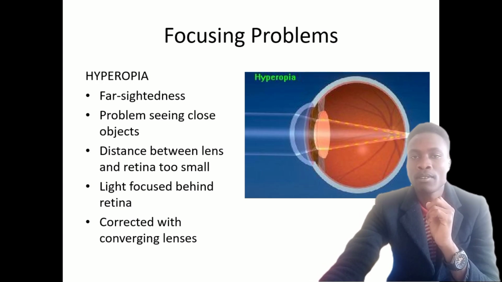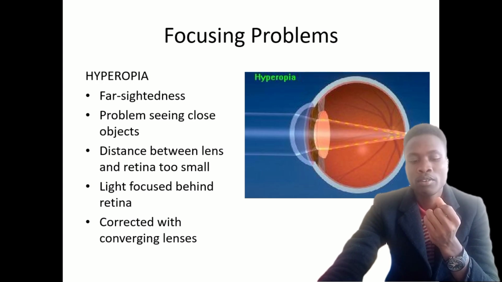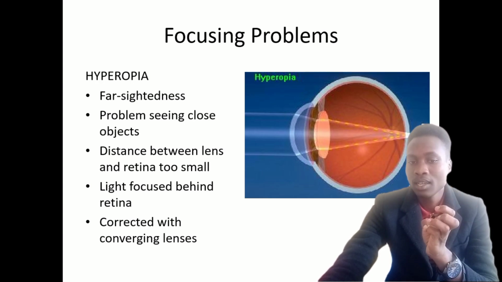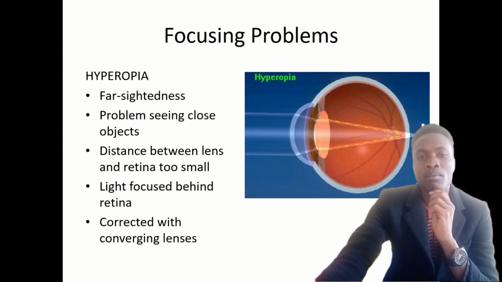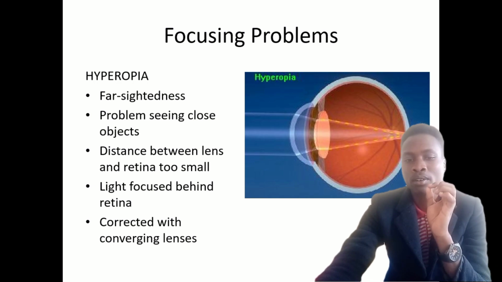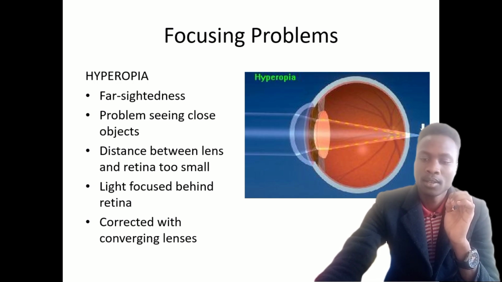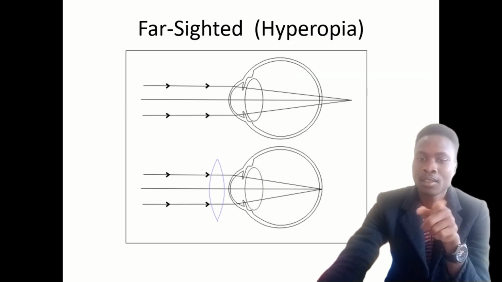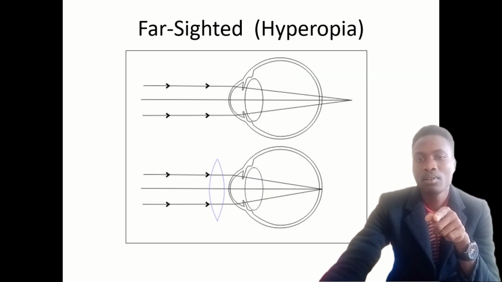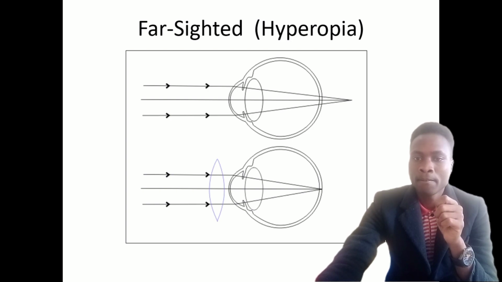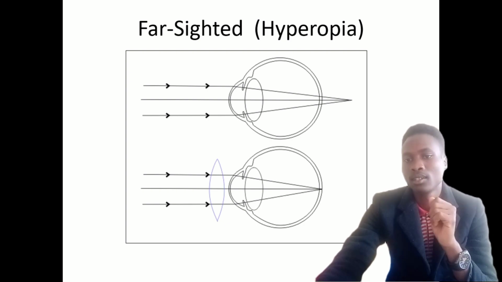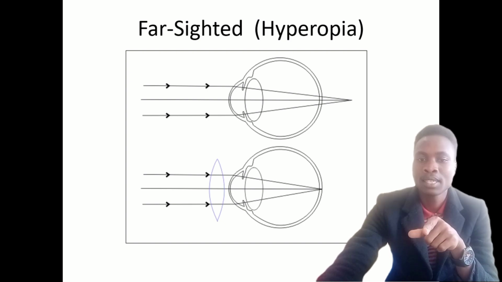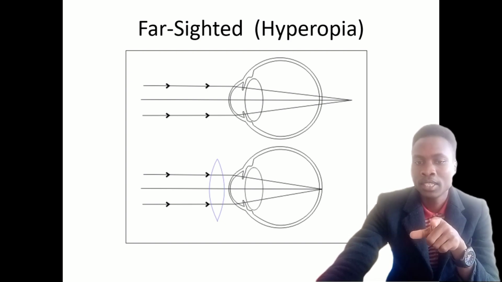As we saw before, we have two types of lenses: converging lenses and diverging lenses. So to rectify the problem of hyperopia, you need to use converging lenses. The first figure shows how the farsightedness defect looks, and the second one shows how it is corrected.